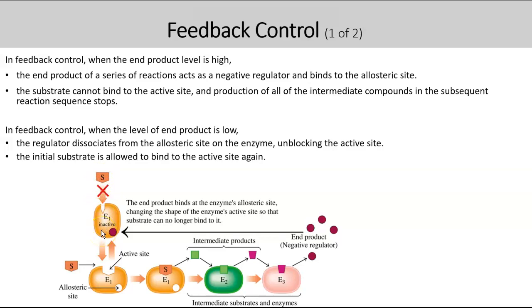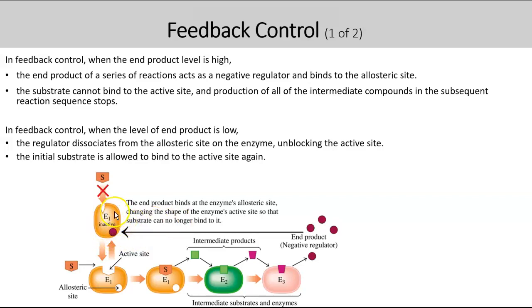Now, in the other way, if the end product molecules are fewer, so if more end products need to be formed, then the regulator molecule will dissociate from the allosteric site of the enzyme.